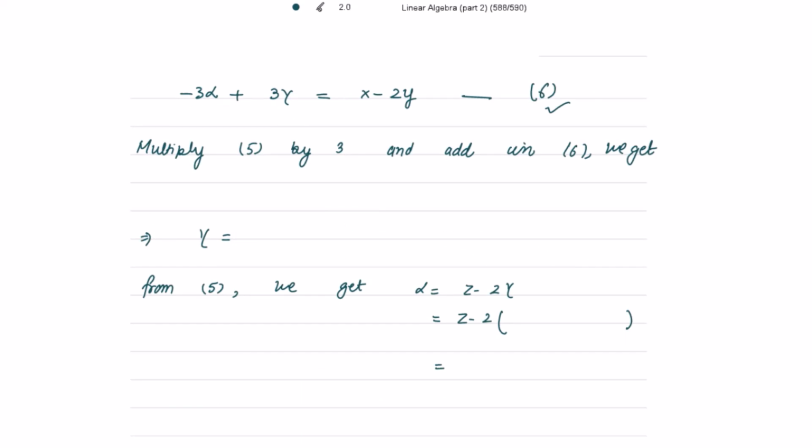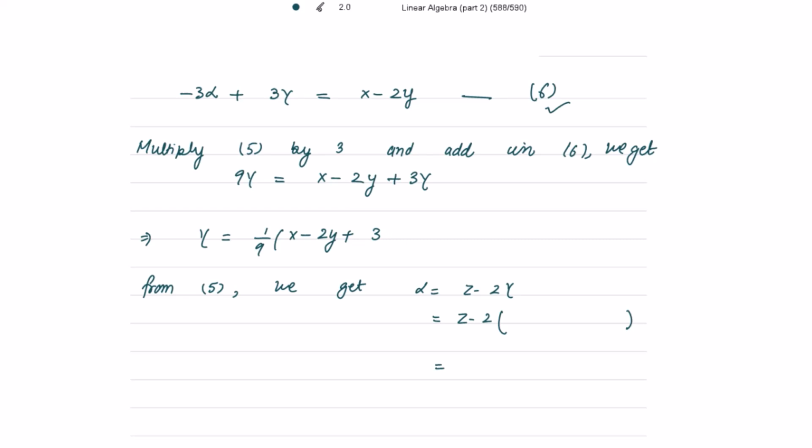That is why I have multiplied 5 by 3 and added to 6. So I get from here 9 gamma is equal to x minus 2y plus 3z. And from here I get the value of gamma to be 1 over 9 times x minus 2y plus 3z.